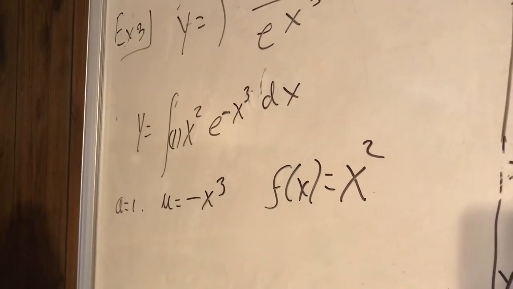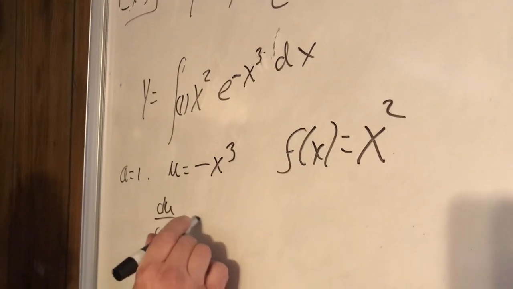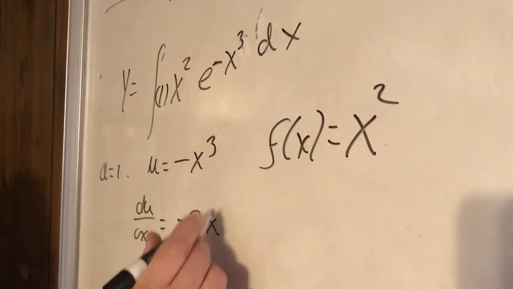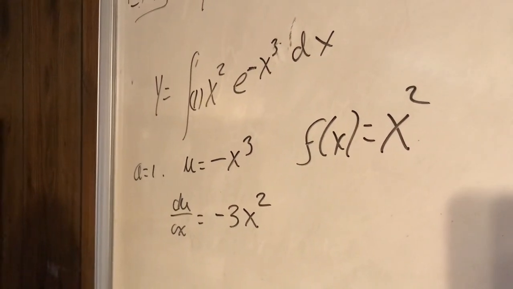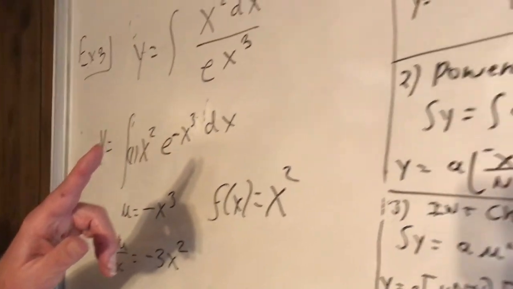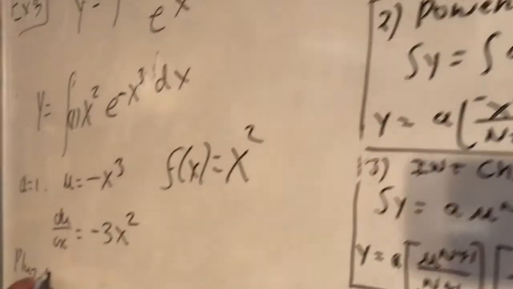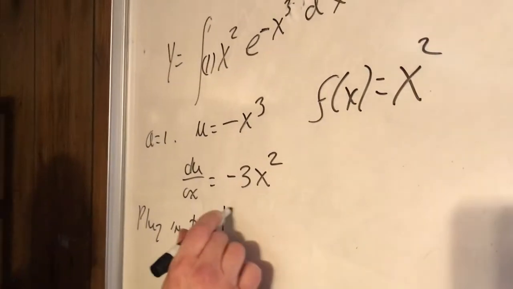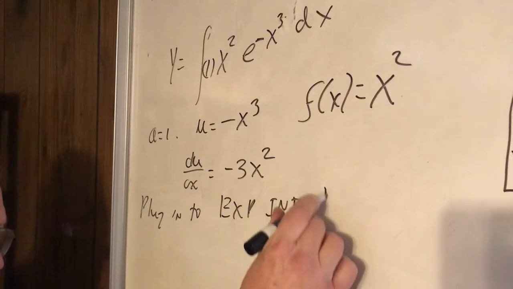Okay, and now I need du dx. It's going to be minus 3 x to the 3 minus 1, x squared. So now I have everything, so it's a simple plug-in. Plug into exponential integration rule 1.